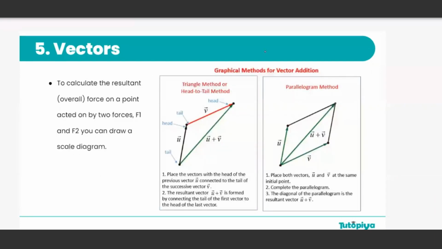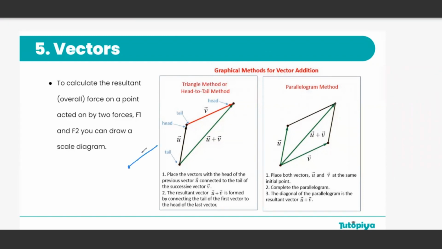Very often, we have to find the resultant force where two forces are acting on a certain object. To do this, we can use two methods: the triangle method, also known as the head-to-tail method, or the parallelogram method. For the triangle method, say there are two forces, V and U, acting on the same point.